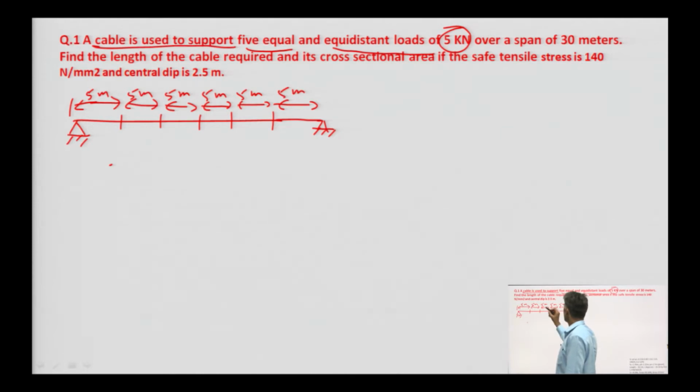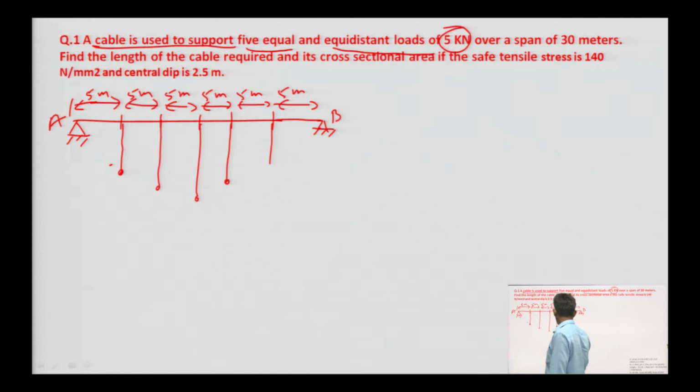Okay, thus this. At these points, 5 equidistant loads means first load, second load and third load. So, these are the loads which are hanging in this cable.